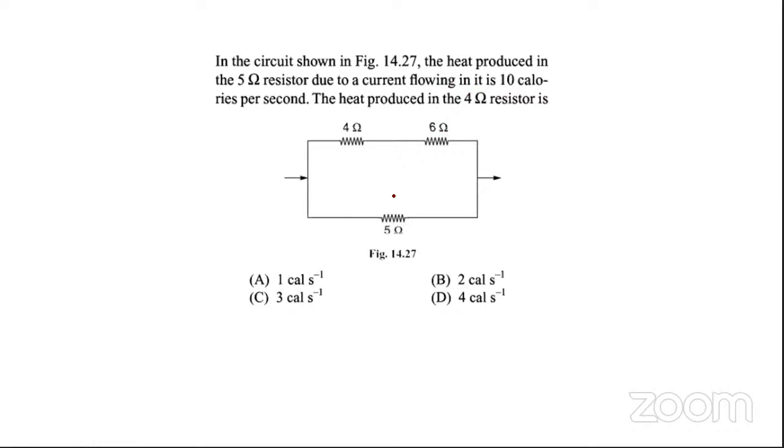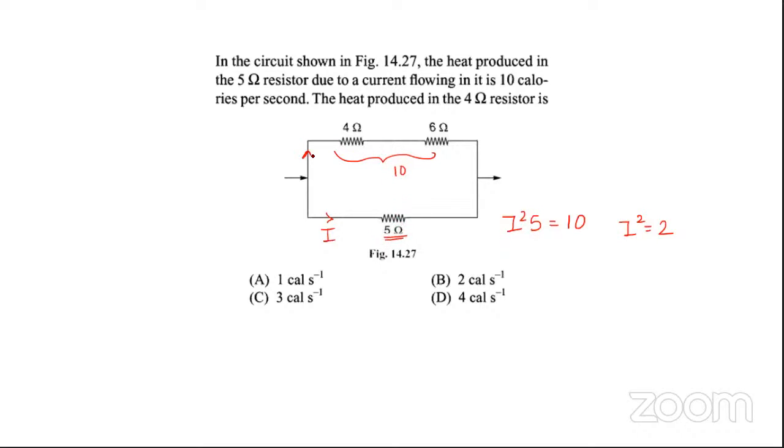The heat produced in the 5 ohms resistor due to a current, suppose it is I, then the heat is I square R. So I square into 5 is given as 10. So that gives me I square equals 2. Now this complete setup is having 10 ohms. So this is double of that in the lower branch.